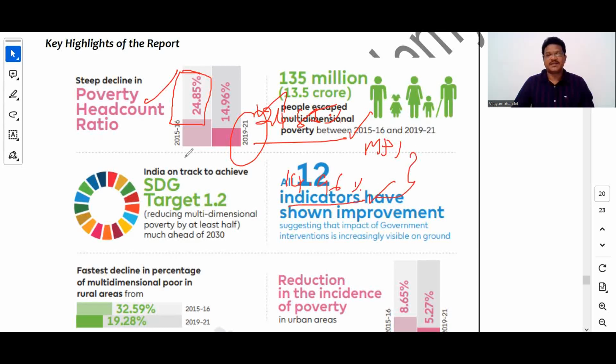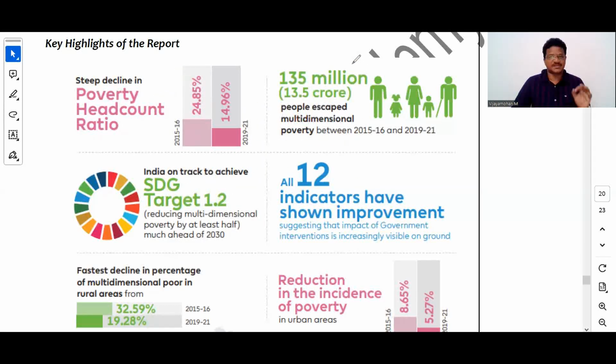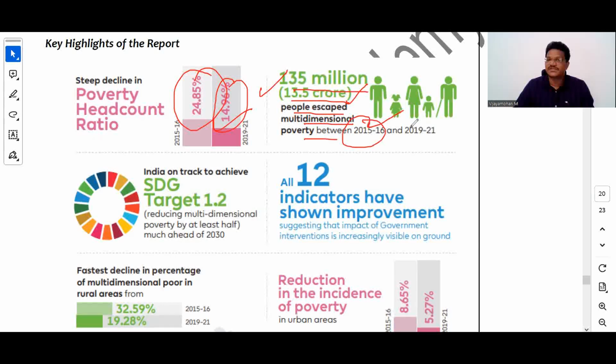So nearly 10 percentage points reduction is there as far as the multidimensional poverty index is concerned. These 2 numbers are very, very important. And in absolute numbers, 135 million people, nearly 13.5 crore people, have escaped multidimensional poverty between 2015-16 and 2019-21. So nearly 13.5 crore people have been lifted out of MPI. This is also a very big improvement.